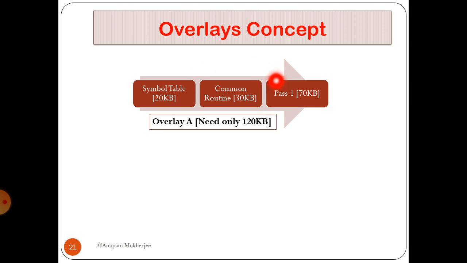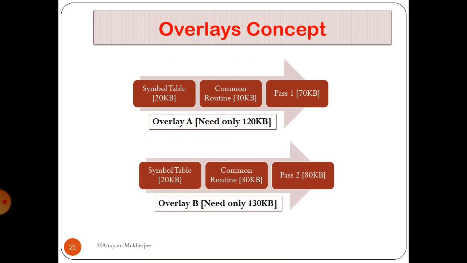A source program is represented through symbolic addresses, and the necessary header information is represented by the common routine. These three parts are encapsulated to generate overlay A, and the size of overlay A is 120 KB. Next we similarly design overlay B, with pass 2, common routine, and symbol table, and the size of overlay B is 130 KB.